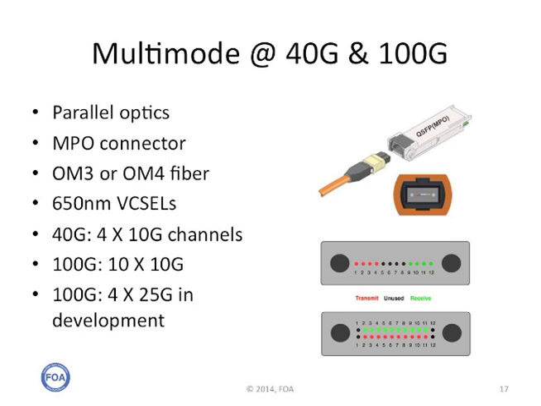Since the MPO connector has 12 fibers, the center 4 fibers are unused. 100 gig uses 10 channels each at 10 gig for transmit and receive on separate fibers on a 24-pin connector. So there are 10 transmit and 10 receive fibers. Since the MPO connector has 12 fibers in each row, the center 4 are unused.